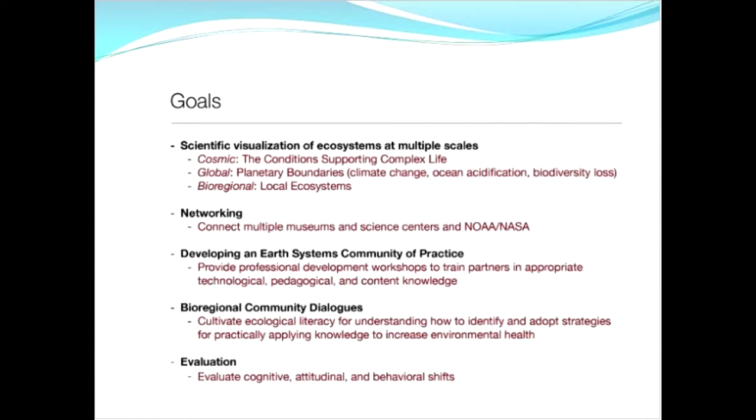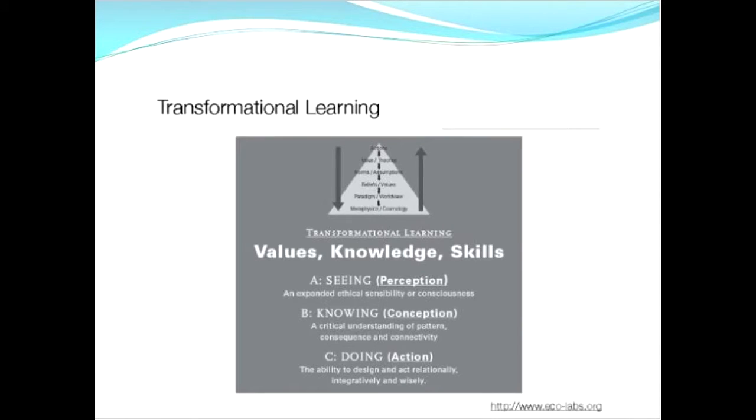We've participated very actively with NOAA in their communicating climate change programs, and something we felt was lacking was a real design process for communities to engage and understand what is possible and how people can get involved with increasing the integrity and health of their own ecosystems. And then finally, we'll be doing formal evaluation of much of this. And if you go to the next slide.